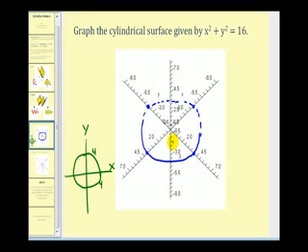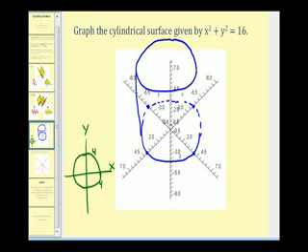To give this a three-dimensional perspective, let's go ahead and graph another circle that's a little bit higher, maybe something like this. Let's go ahead and make a cylinder out of this. And then again, if we were to sketch the rulings, they would be all of the lines that run up and down intersecting this generating curve parallel to the z-axis.